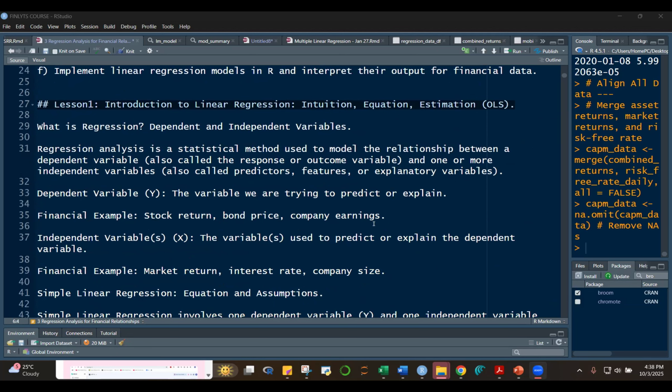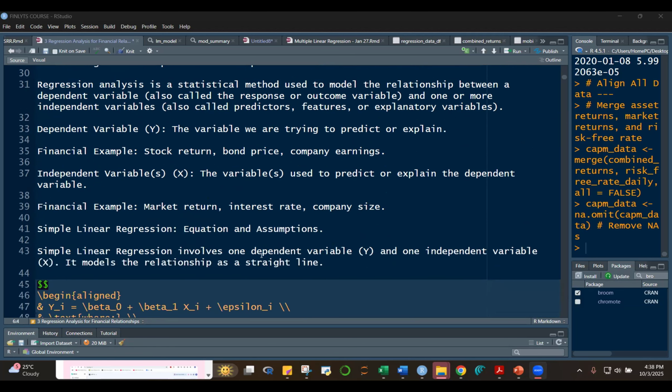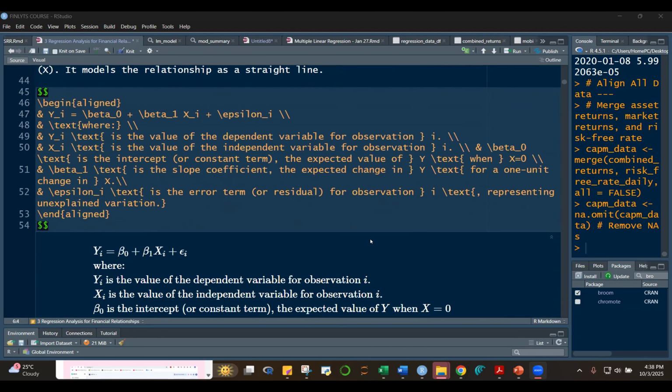So last time we talked about linear regression being focused on the dependent variable. I'm pretty sure you know the concepts behind linear regression because you have had these discussions in your previous subjects. So dependent variable, independent variable, okay? And for a simple linear regression, you have only one predictor.